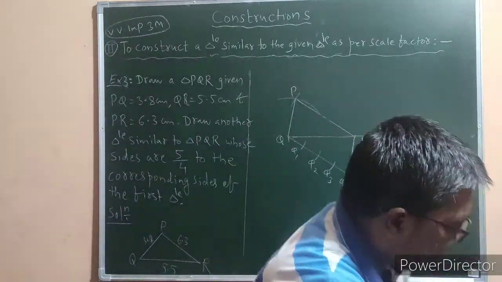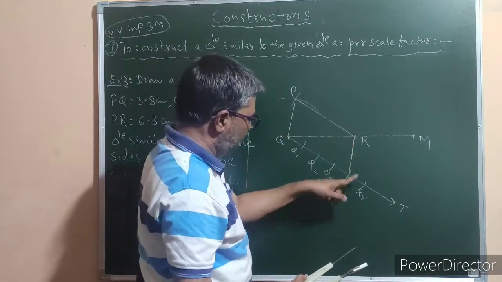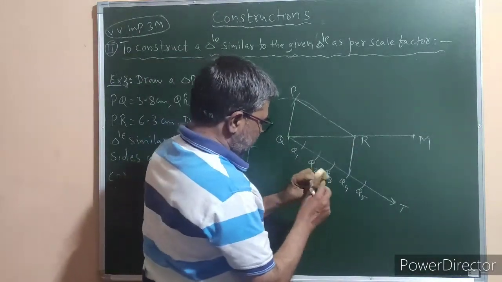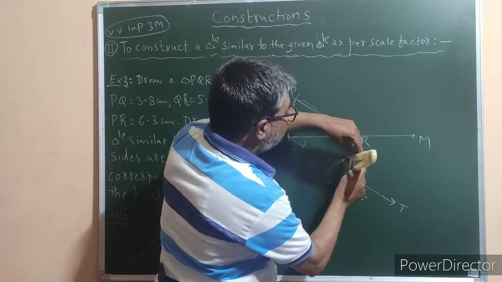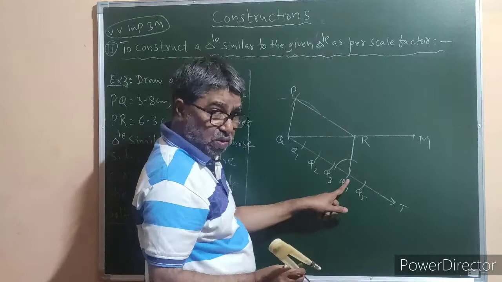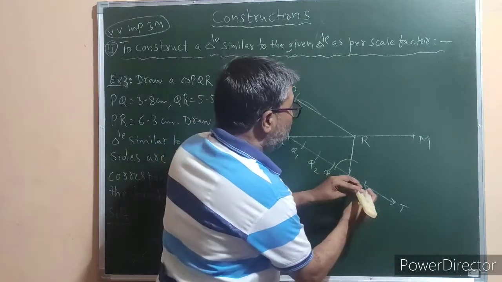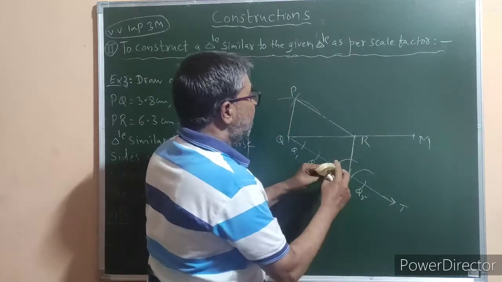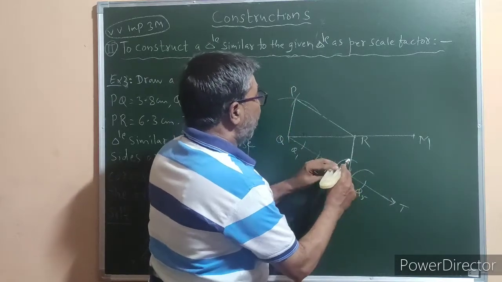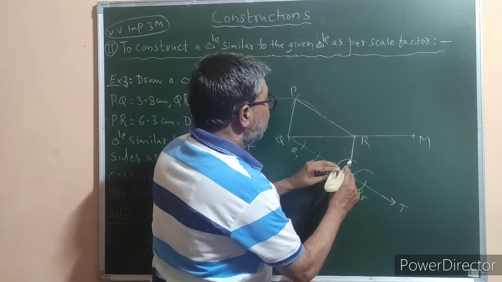So draw a line parallel to Q4R from Q5, and you know the procedure. Draw an arc like this, assuming Q4 as center. Draw one more arc assuming Q5 as center. Then take the distance between these two lines, this line and this line.